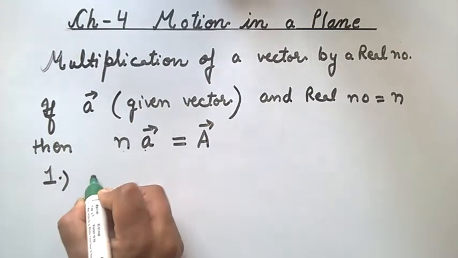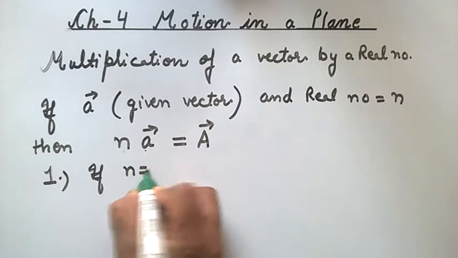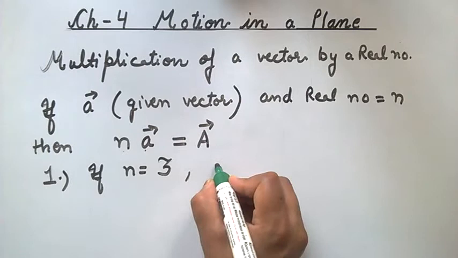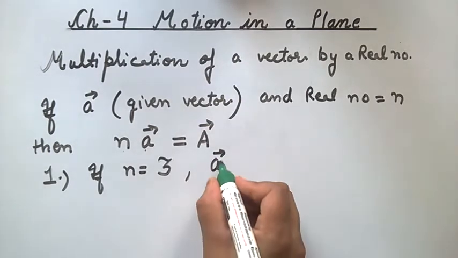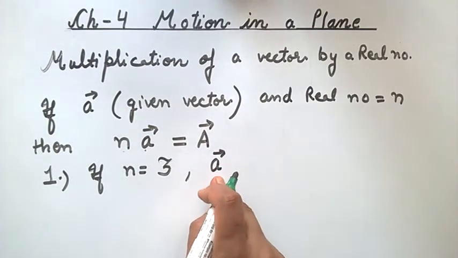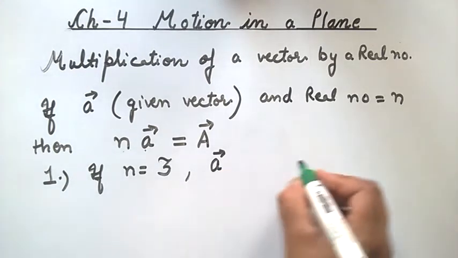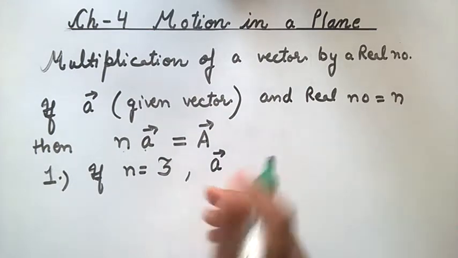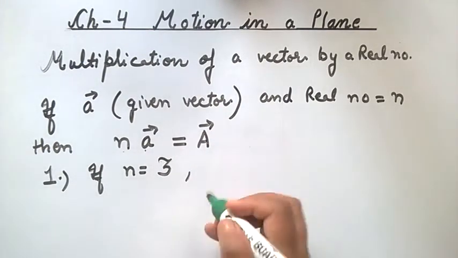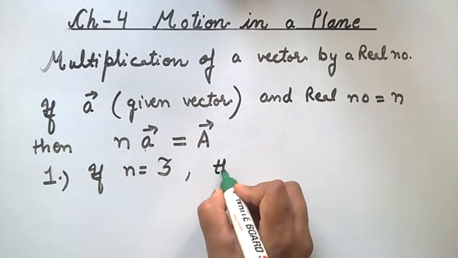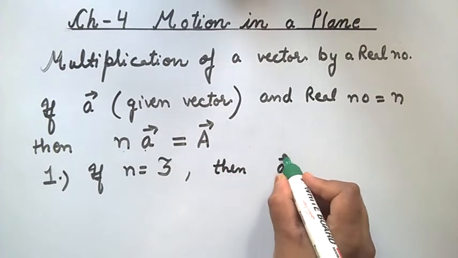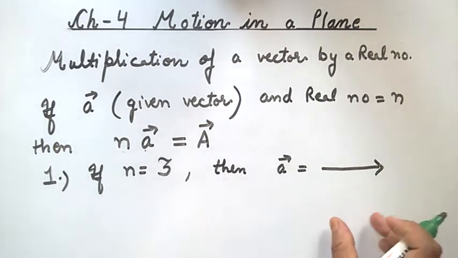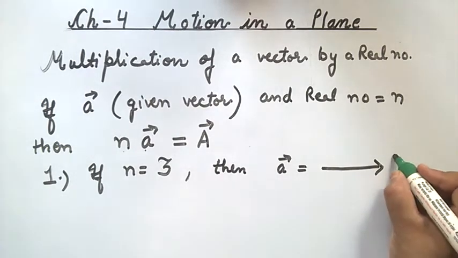First is, if n is a positive number, let it be 3, and a vector has some magnitude as well as direction. So we will denote a vector, we will draw it by some magnitude as well as direction.